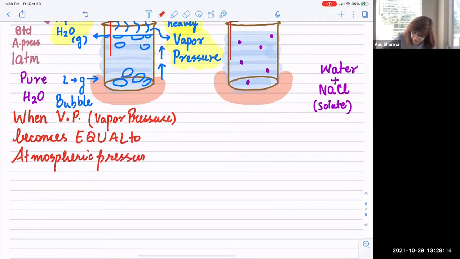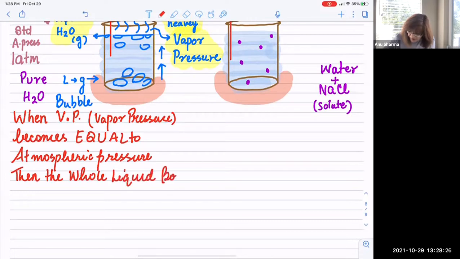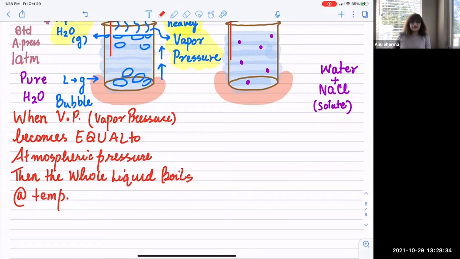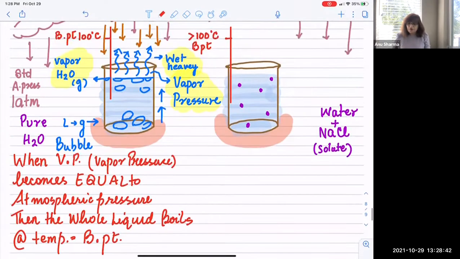When it becomes equal to the atmospheric pressure, the whole liquid boils. That happens at a certain temperature, when it has absorbed some amount of heat, and that temperature is called the boiling point.